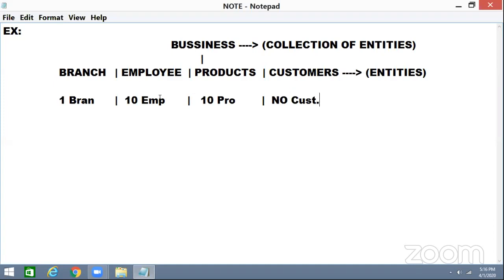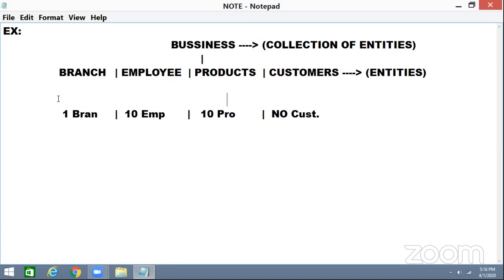And now we can check it. In this starting level, whatever business is going on here, tell me, whatever data is generated here, is it big data or small data? In my business, initially I started with one branch, 10 employees, 10 products and no customers.